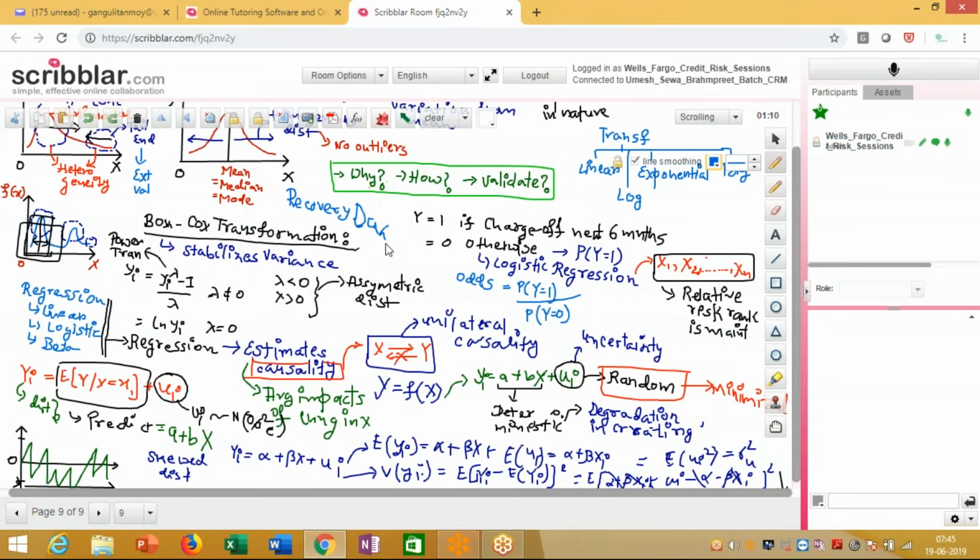The next question that comes up over here is, in this recovery data, what is it that we are trying to do? We are trying to ensure that all the variables are in place. Now, recovery data is one of the riskiest data in any organization, because recovery happens at many stages, and often recovery data is outsourced.